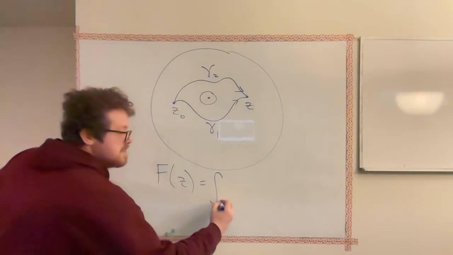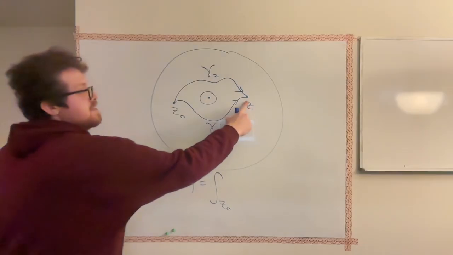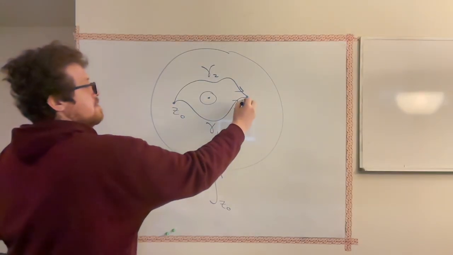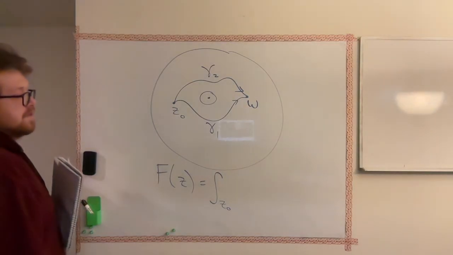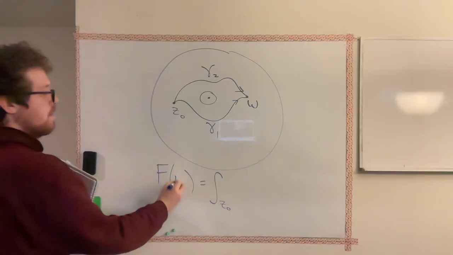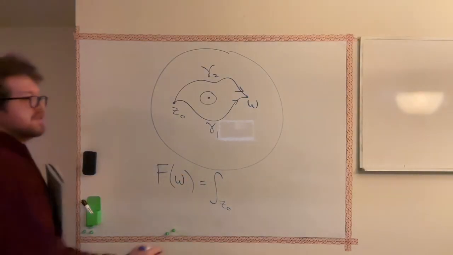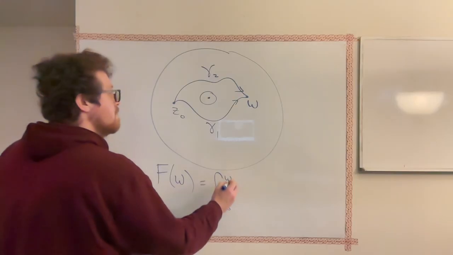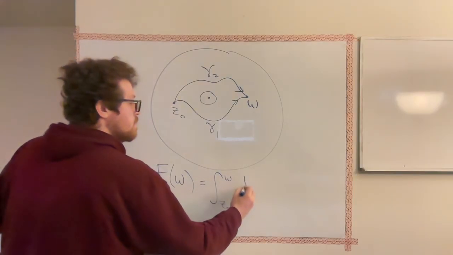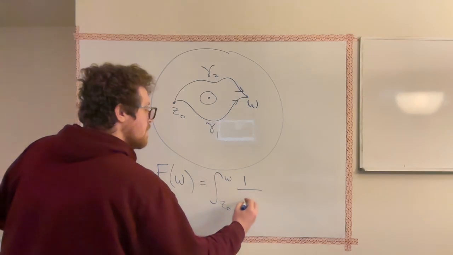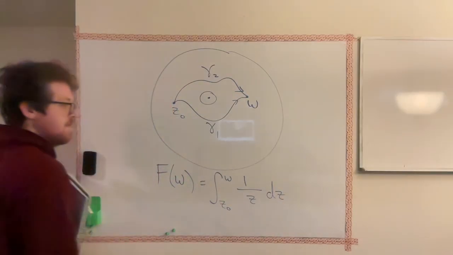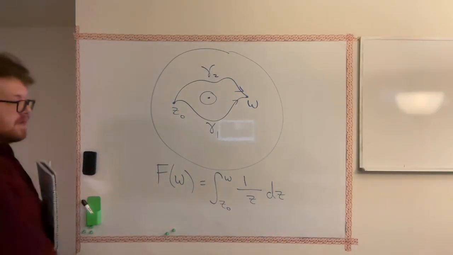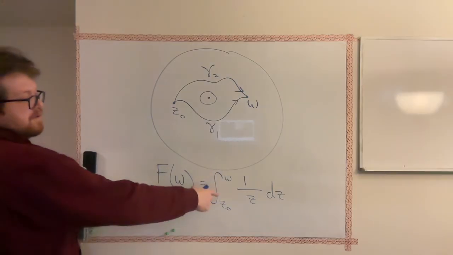We're just starting at z naught. Let me call this w, because I'm going to use dz. So capital F of w is the integral from z naught to w of, in this case, 1 over z dz. And this is just any curve from z naught to w.